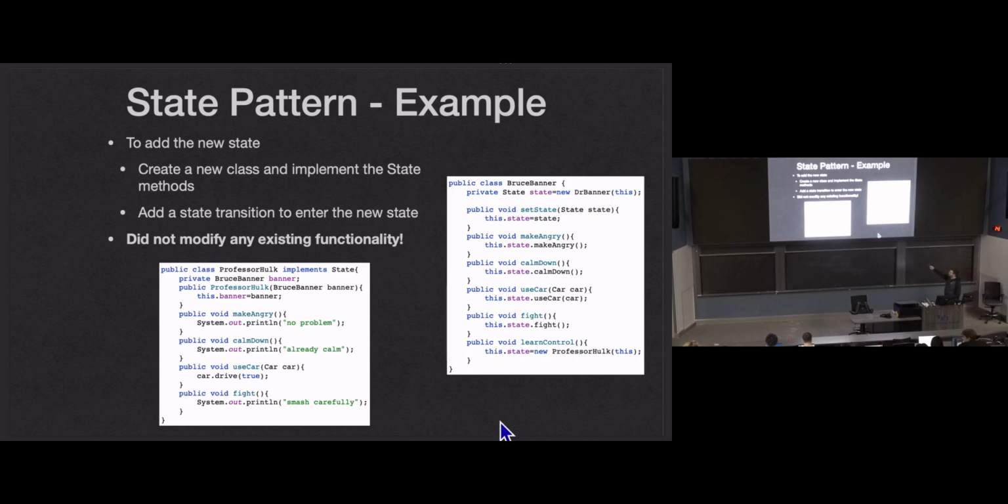You implement that state, add in your state transitions of how you get into that state, add your state transitions of how you get out of that state and which states you go to when you get out of it. For Professor Hulk, we're going to say there's no escaping. Once you're in Professor Hulk, you're done. You're in there forever. So we don't have any state transitions going out. But if we did, we would just add a state transition in the same style that we had before.